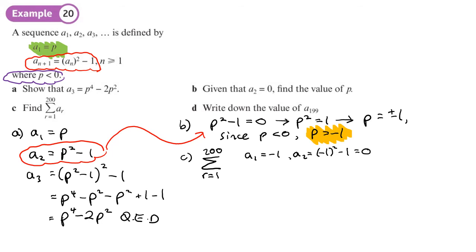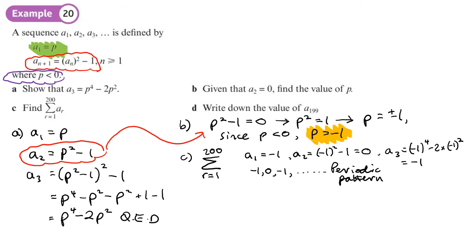And then the third term, A3, that's going to be negative 1 to the power 4 minus 2 times negative 1 squared. So that is going to be 1 minus 2, which gives you negative 1. Now it looks like this sequence is going negative 1, 0, negative 1. It looks like it's what we call a periodic pattern.